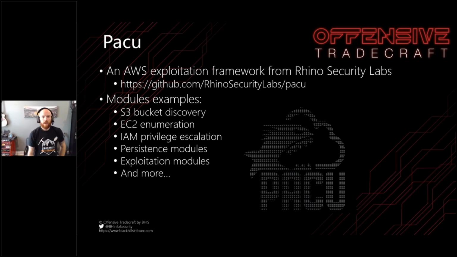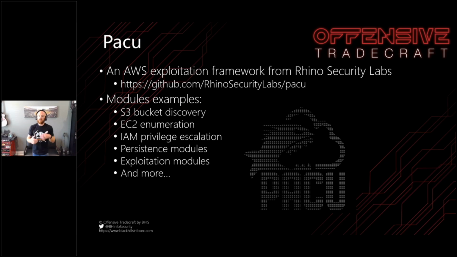Okay, all right, Pacu. Pacu is the go-to AWS exploitation framework that is from Rhino Security Labs. If you've ever searched for anything offensive related to AWS, you've probably stumbled across some articles from Rhino.